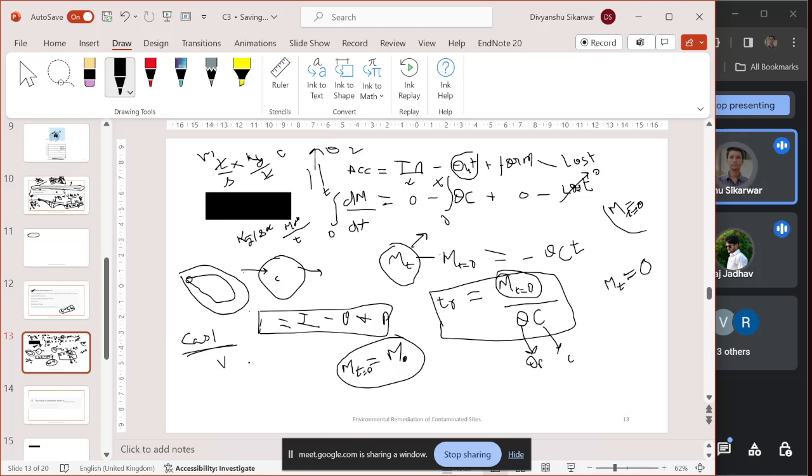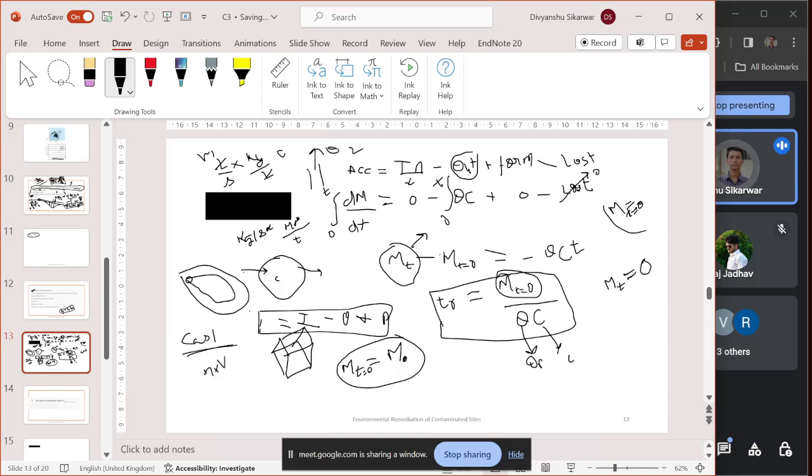If I know the porosity of the soil, and I multiply the porosity by the volume of the whole soil, let's assume this cube is the region where we need to do treatment, and this is the volume of soil, and we need to calculate the volume of pores in this cube.